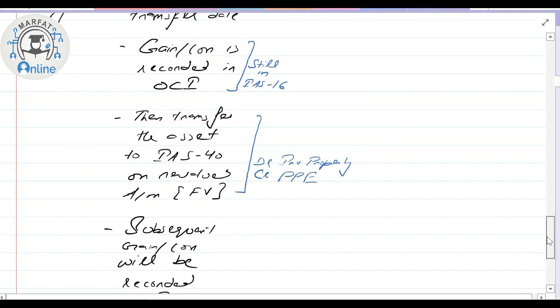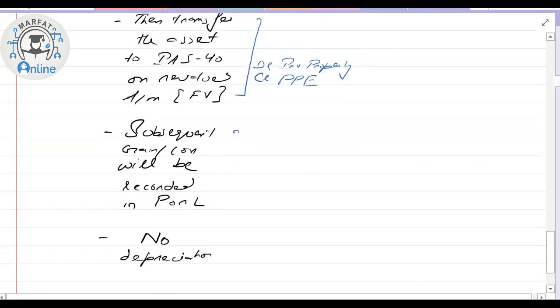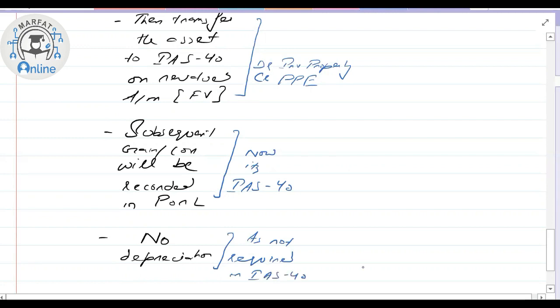Any subsequent gain or loss will be recorded in the profit or loss because now it's IAS-40. No depreciation required in IAS-40 fair value model.